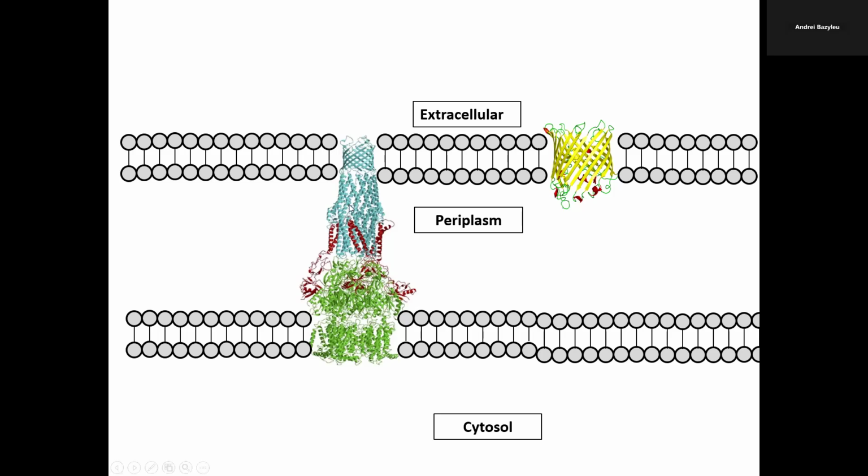This literally works like a pump. If you were to look at this protein from the top, we are looking at it from the side, you could see that it's actually hollow inside. It's literally like a pump.